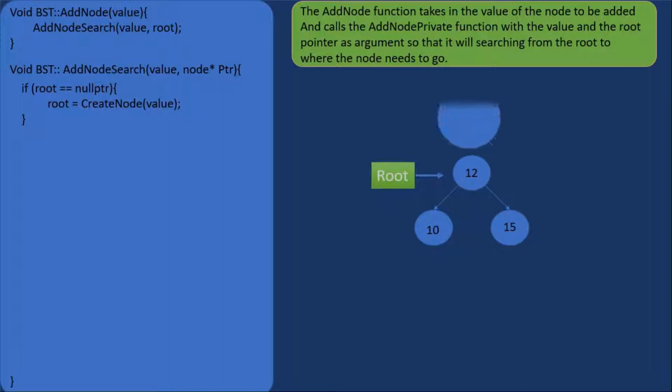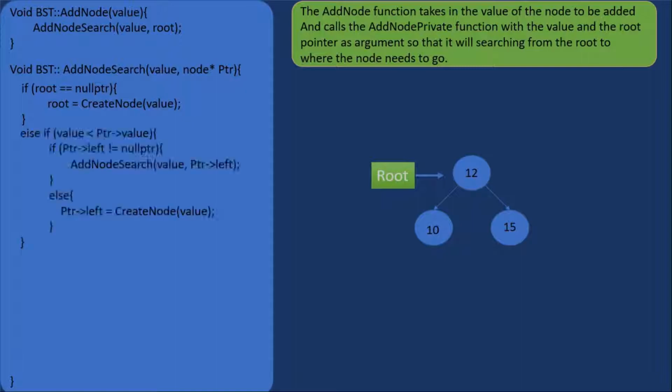For this one, let's say we're adding a node with a value of 6. So we call the add node passing 6 as argument, which calls add node search, taking in 6 and the root pointer as arguments. And now starting at the top, starting at the root node, 6 is less than 12 and the left pointer is not null.